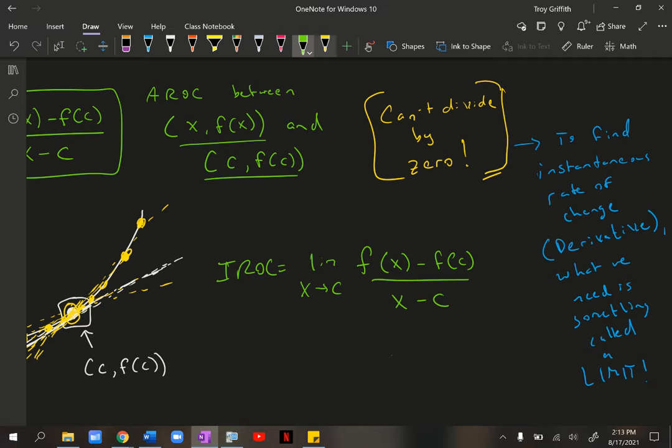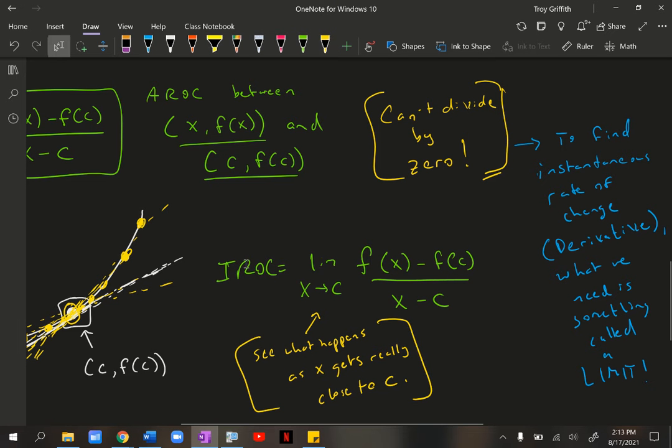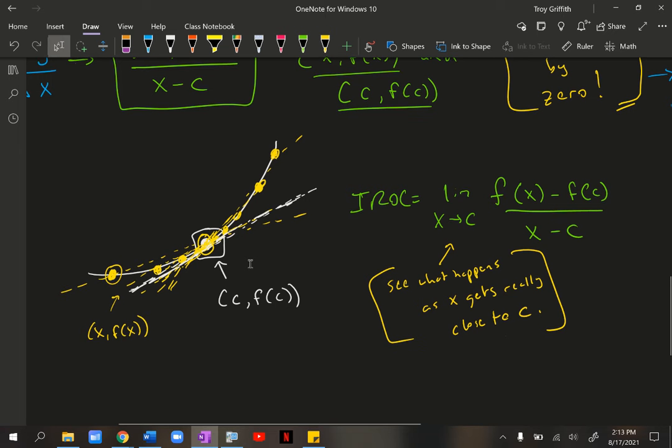What does this mean? We'll talk more about limits as this unit goes on, but the limit as x approaches c means we're going to see what happens as x gets really close to c, which is exactly what we were doing right here.